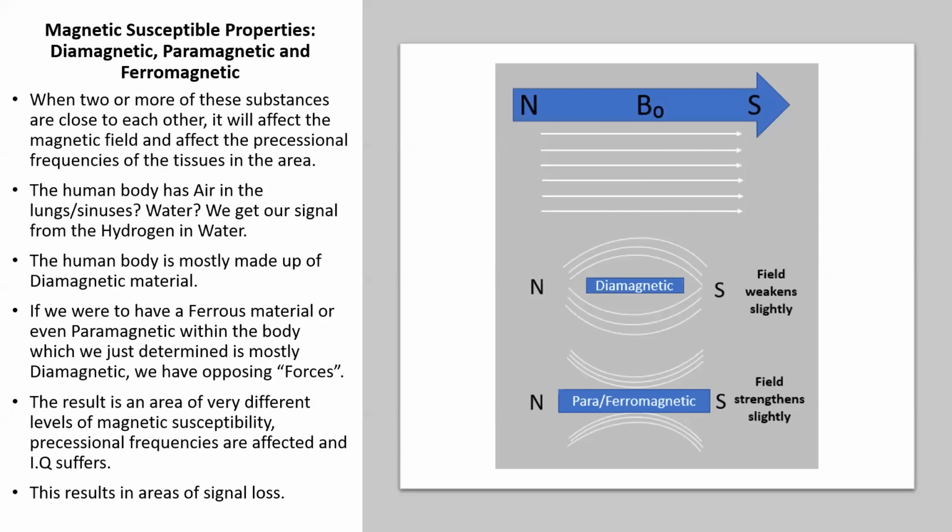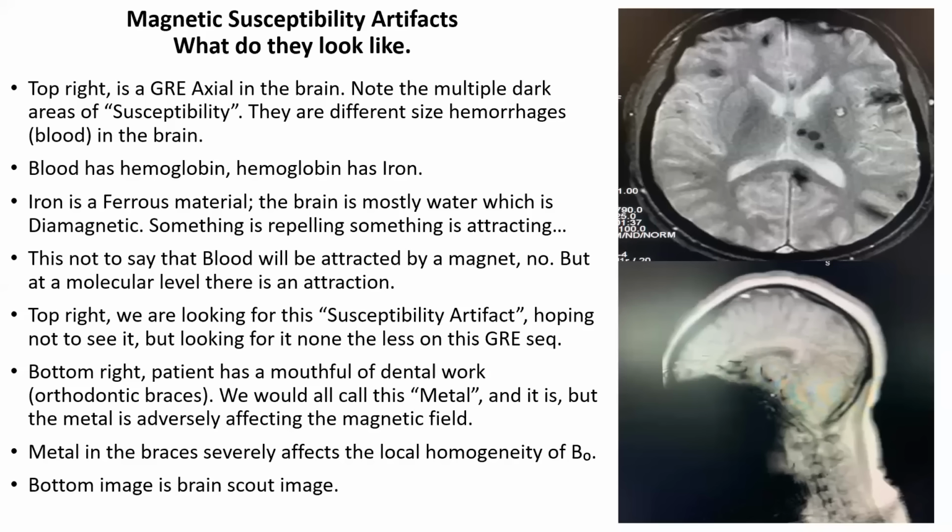We've got magnetic susceptibilities all over the place. So you've got opposing forces between dia and paramagnetic. That's when you get these little holes. The iron in the blood in this lady's brain is warping the field a little bit. It's differences in susceptibility between the brain and the iron that's in the hemoglobin.